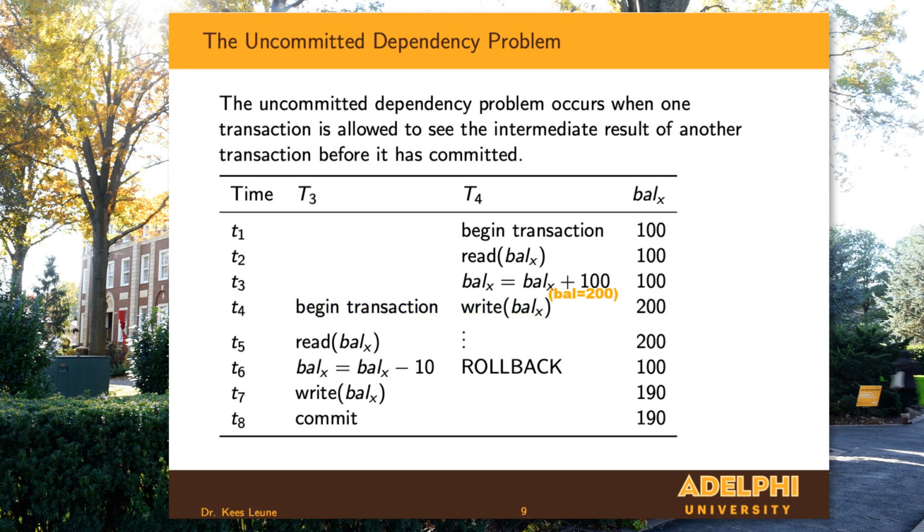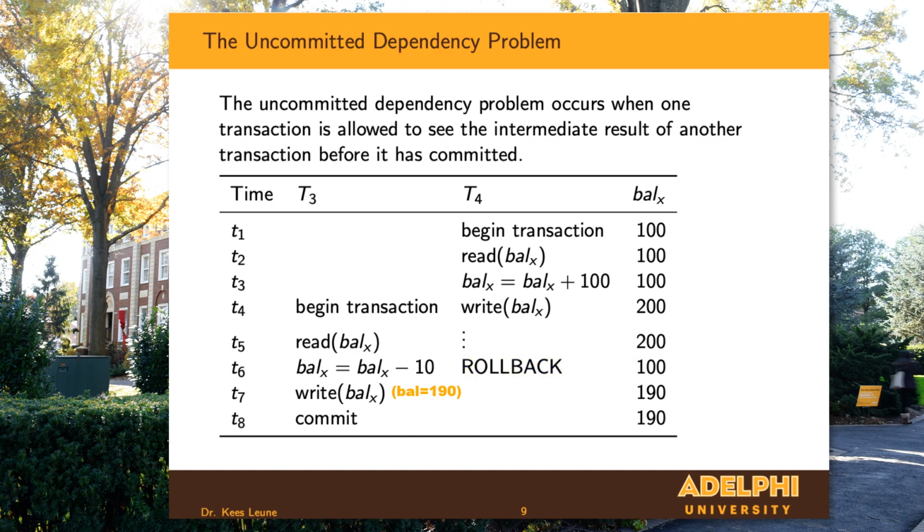And at that point, it's going to read from the database the balance, which is 200. It's been changed in the database, even though the change hasn't been made yet. And it's going to use that knowledge of 200 to update the balance to, say, 190. At that point, for whatever reason, T4 decides to abort its transaction and roll back its changes. So T4 wants to put the balance back at 100.